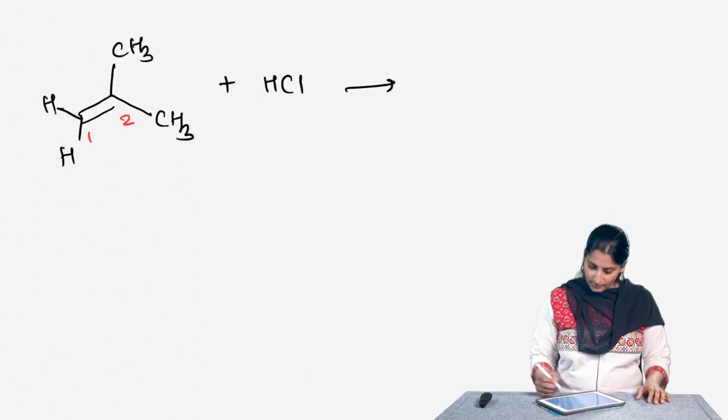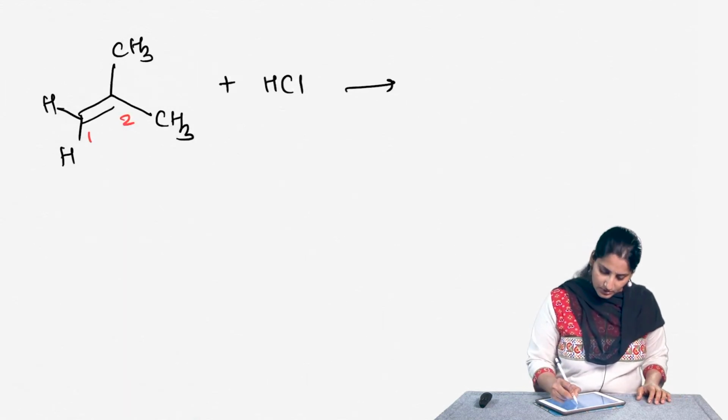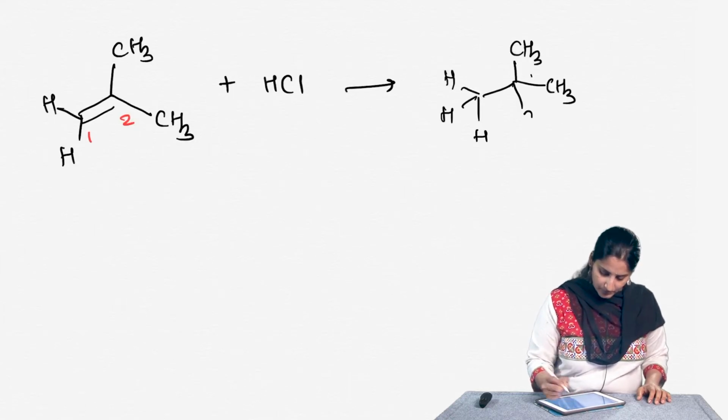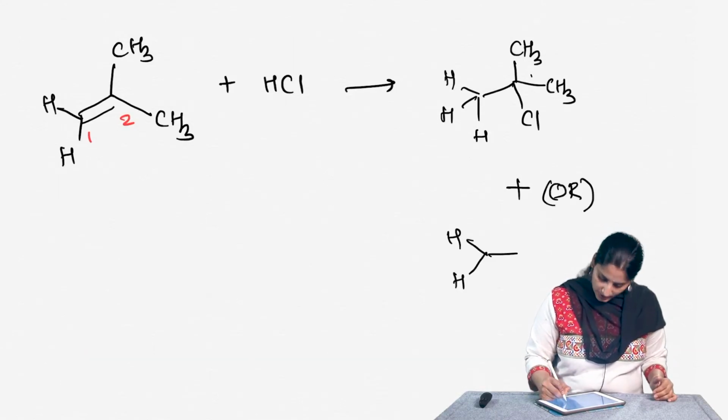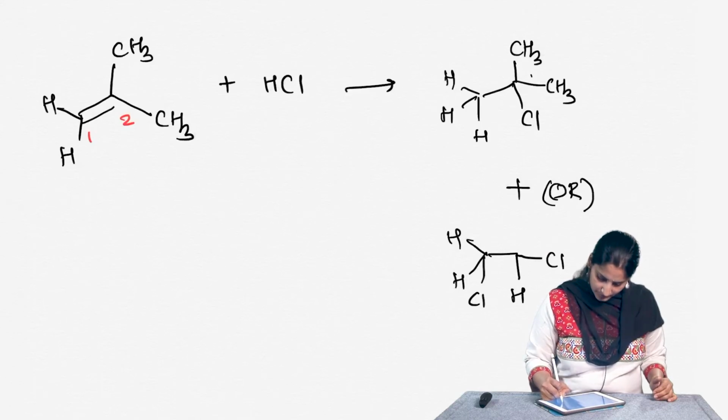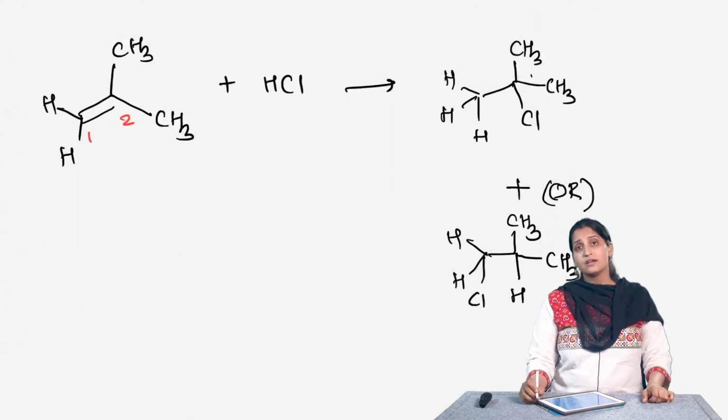So, if I give the hydrogen to the first carbon, I form this product, or if I give the hydrogen to the other carbon, I form this product.